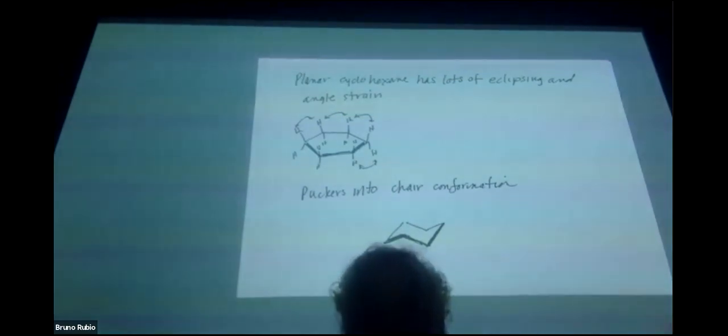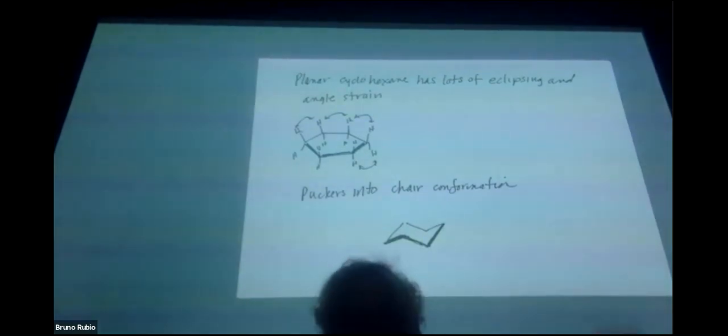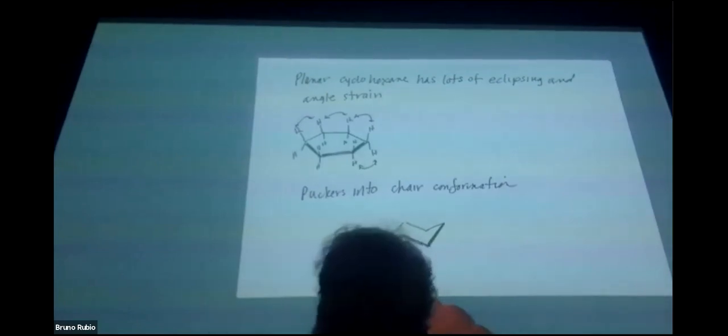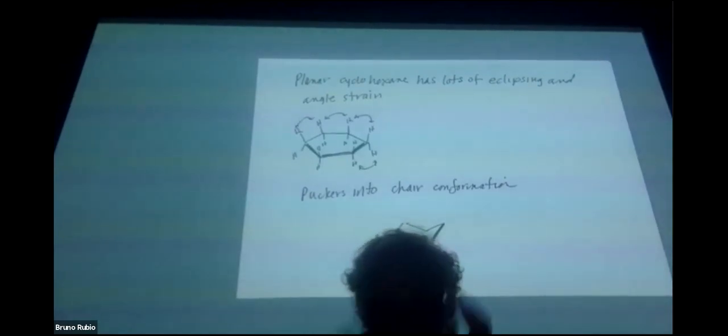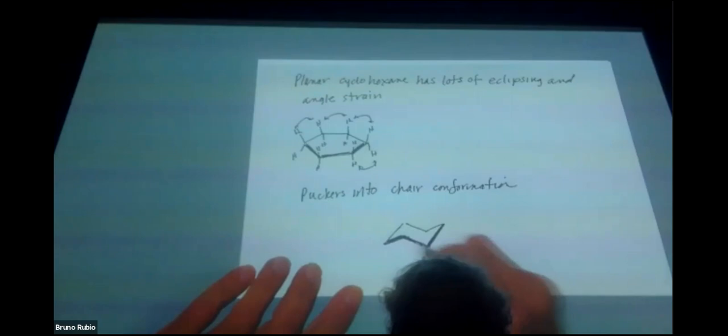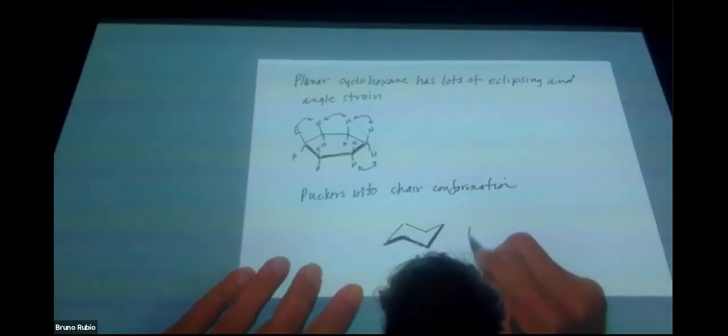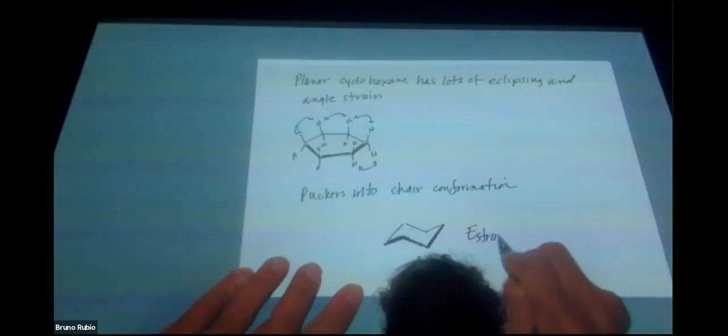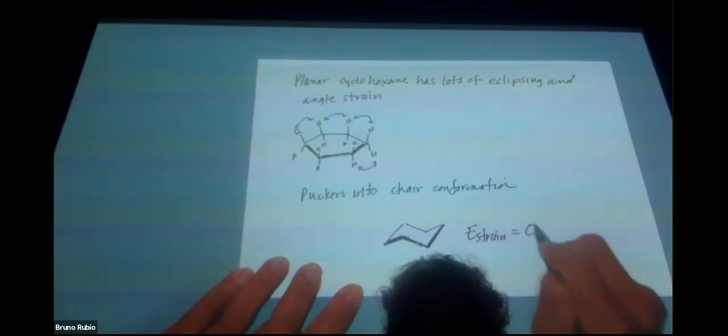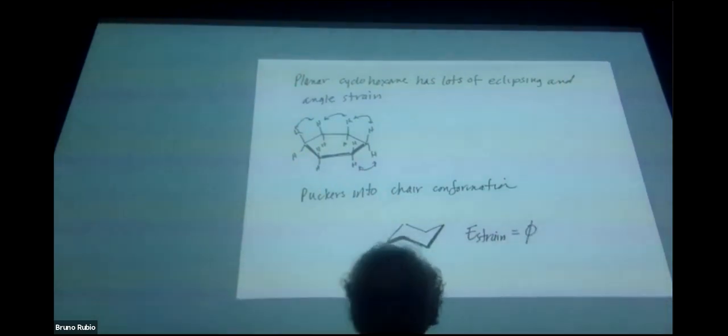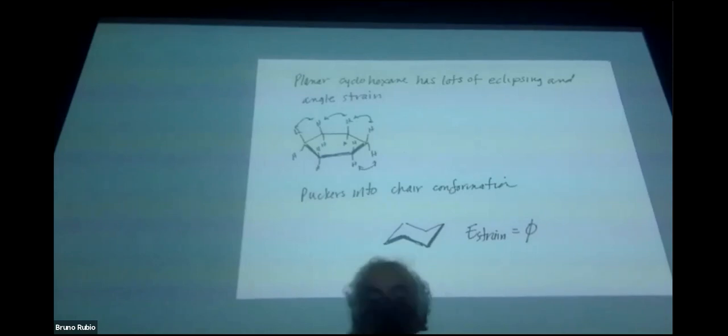So cyclohexane is not planar, right? It has this chair conformation. The strain energy of chair cyclohexane is 0. Puckering into this conformation relieves all of its strain.